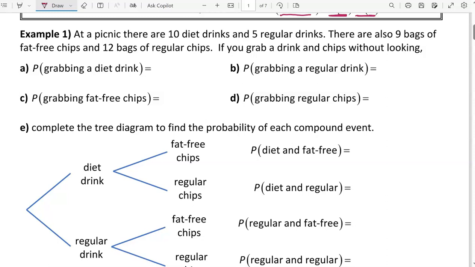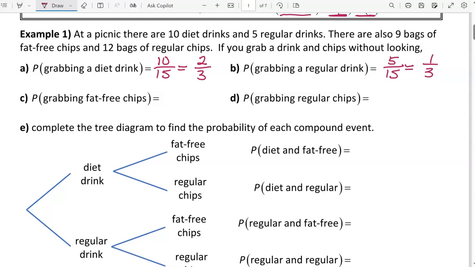So my probability of grabbing a diet drink, without looking, would be 10 out of the 15 total possible drinks, so that's going to be a probability of 2/3. My probability of grabbing a regular drink without looking is 5 over the total 15, because there are 5 regular drinks, and that reduces to a probability of 1/3.